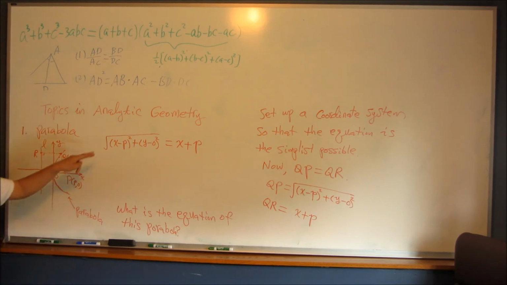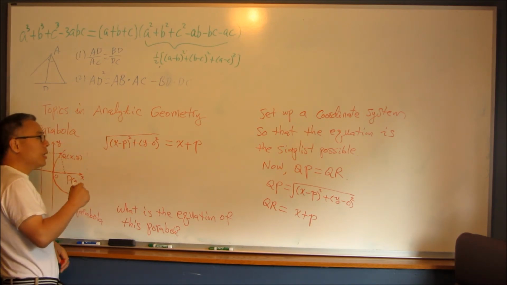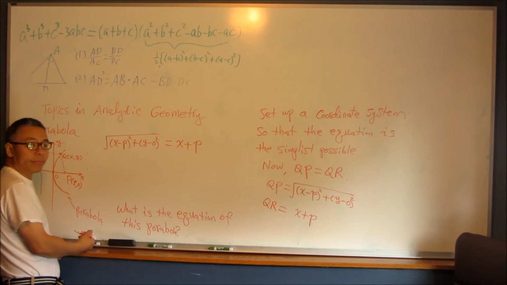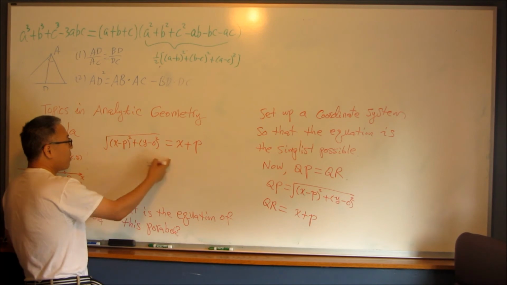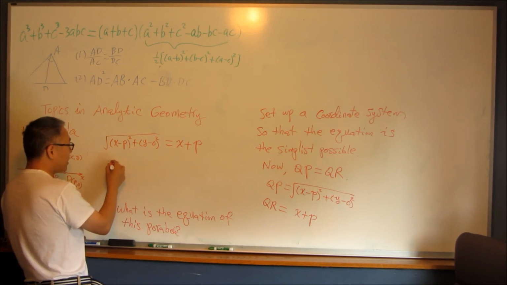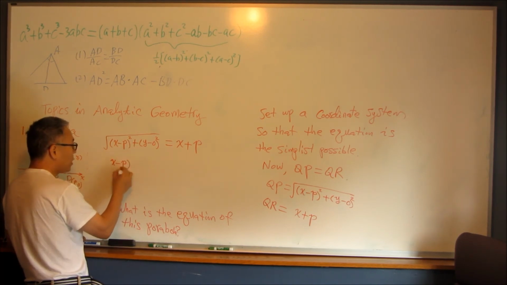This is the equation. It involves x and y, and p is given, x and y are variables. So how can we simplify this equation? We square both sides to get rid of the square root.